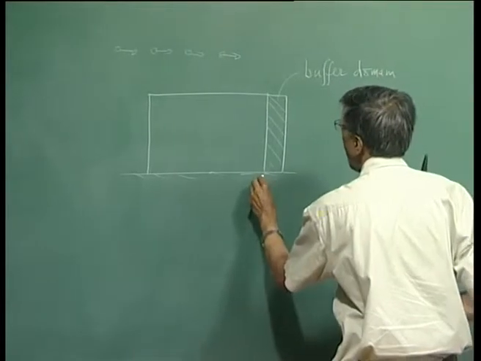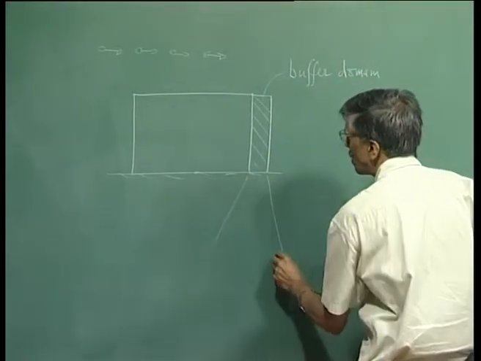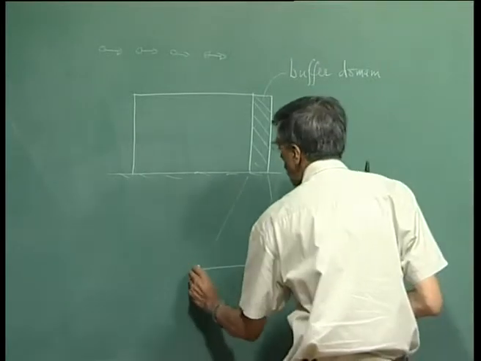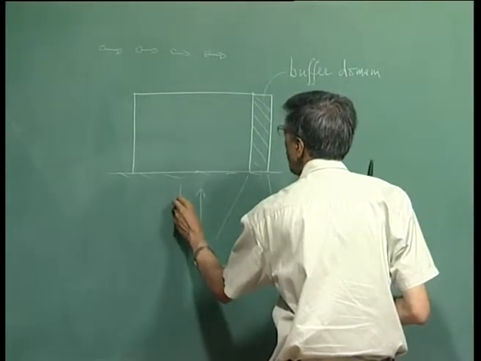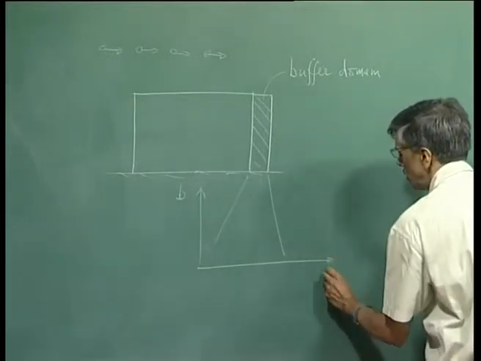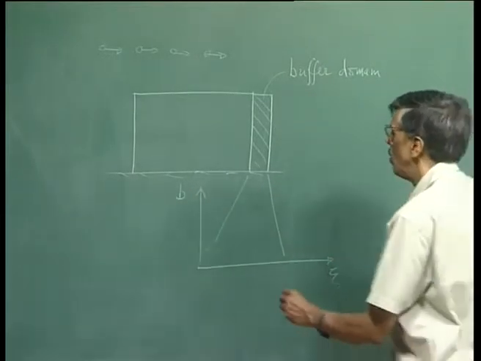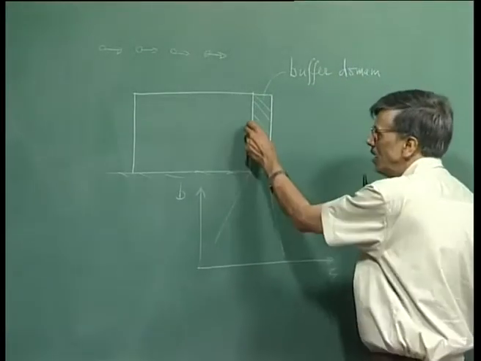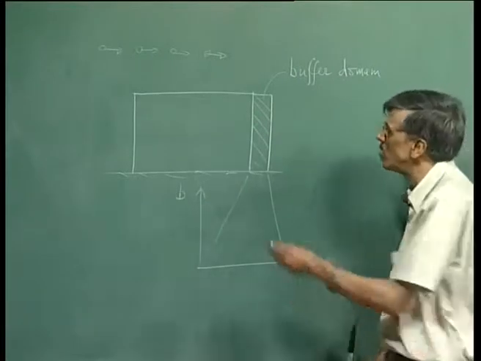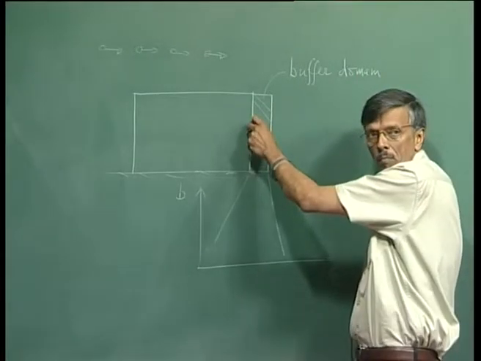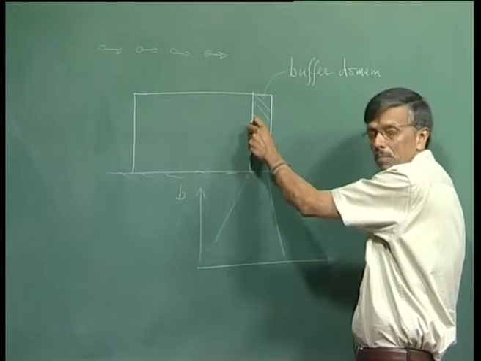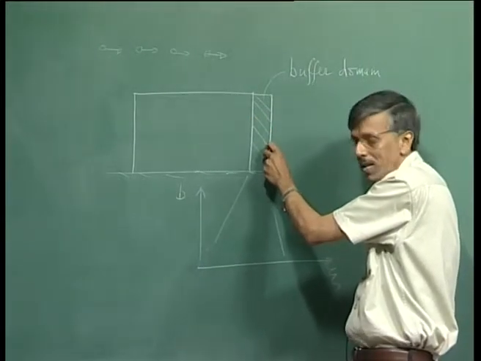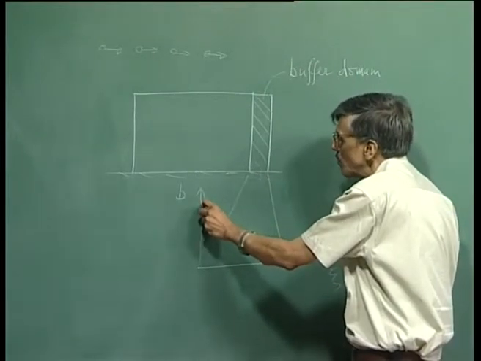If I stretch this part, I could plot b versus say xi here. So, what it does here is it takes the value b equal to 1 here, and then it smoothly brings it down to 0 at the end of the buffer layer. So, it would be something like this.